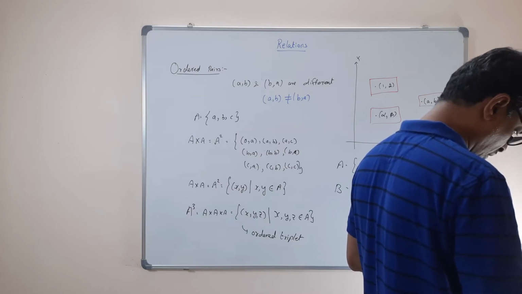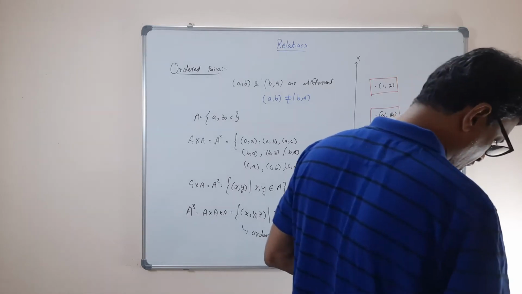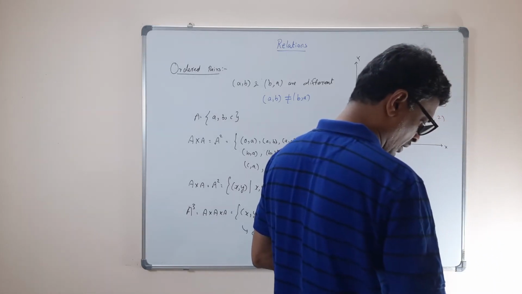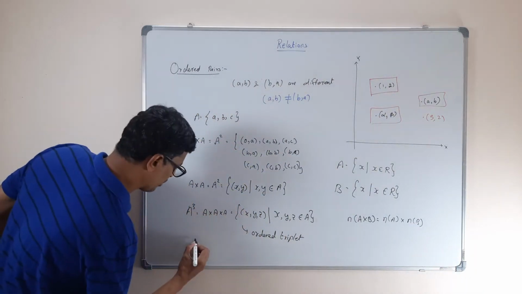Then there is one interesting property, which is also very simple. What will be n of A cube?